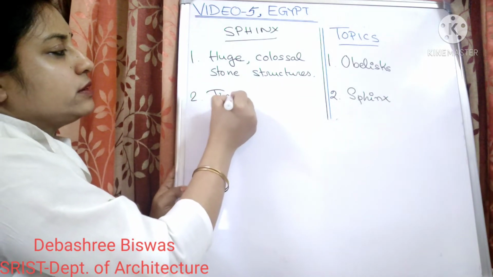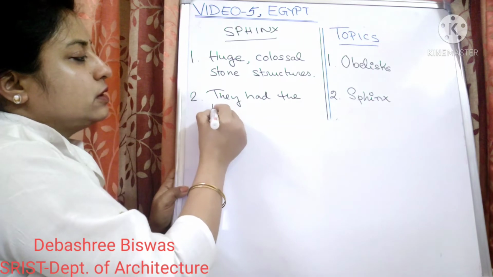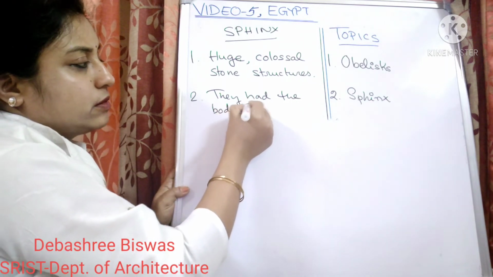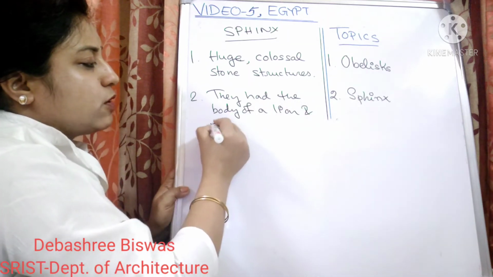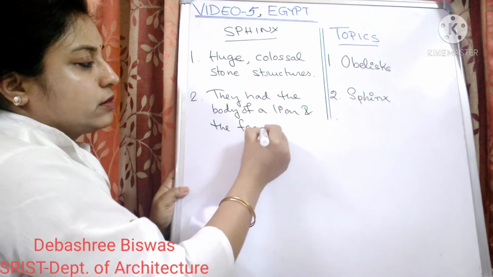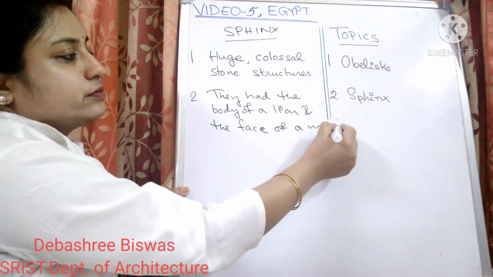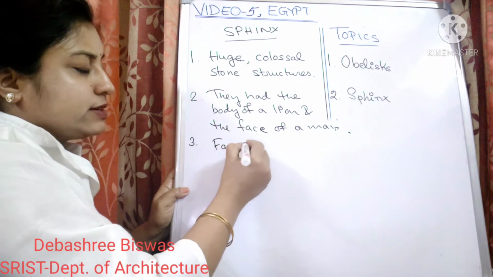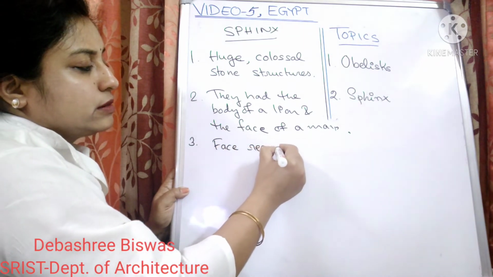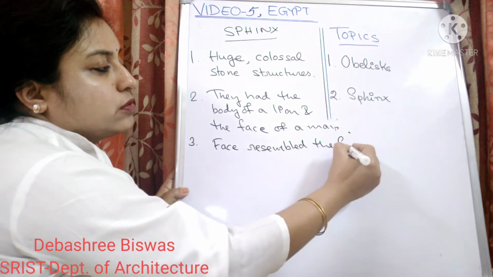They had the body of a lion and the face of a man. The face of the Sphinx resembled the face of the pharaoh.